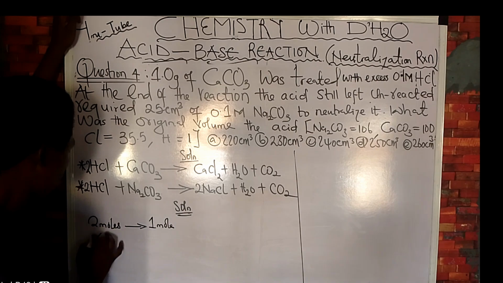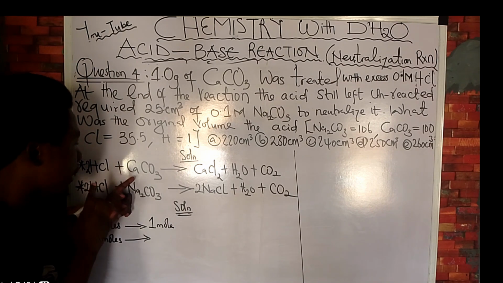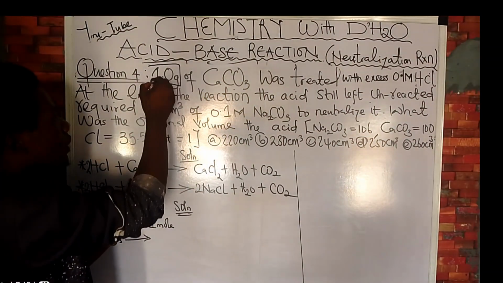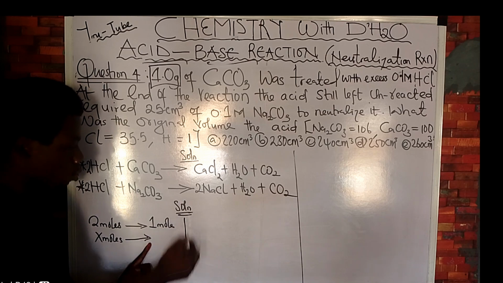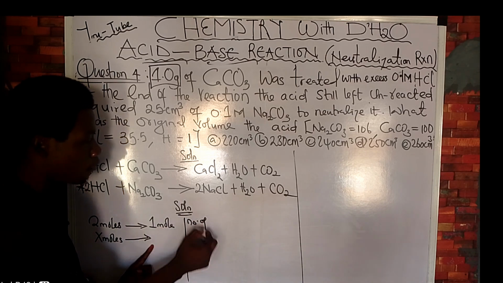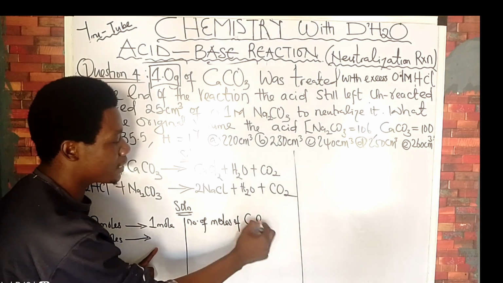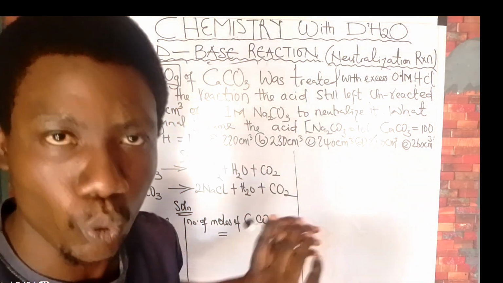Okay, so we don't know the number of moles that is going to react with the CaCO3 because they gave us the mass. Look at the mass of CaCO3. So let's calculate the number of moles here so we can put it here. Okay, so you have number of moles of CaCO3. Let's do that quickly. Don't forget that number of moles equals mass over what?